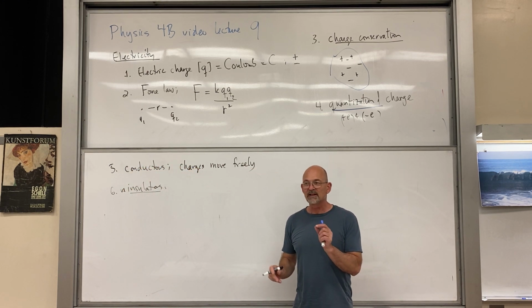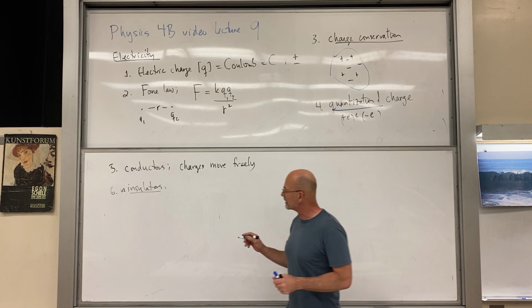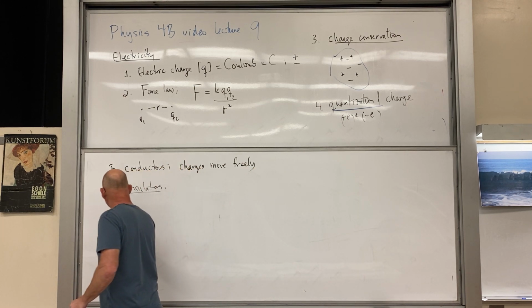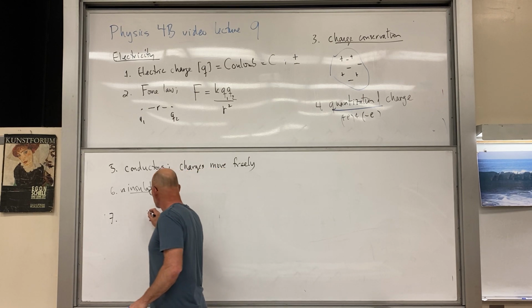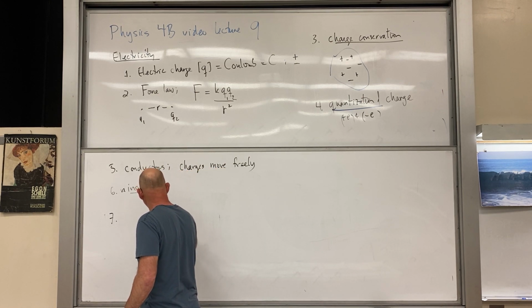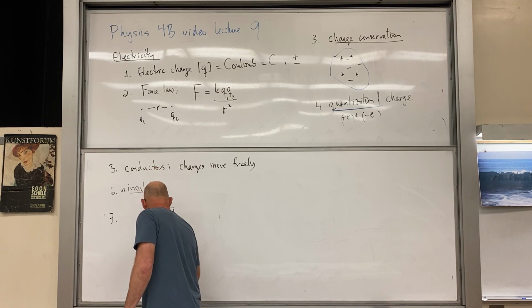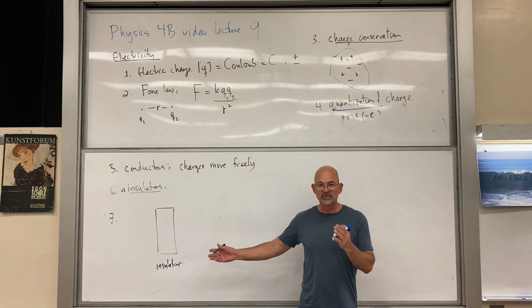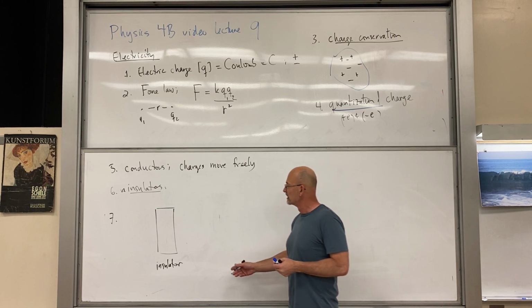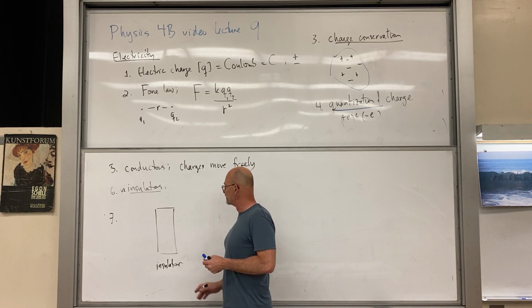But now if we look at the atomic structure of an insulator, we get to an interesting phenomenon called polarization. So now let's suppose we have here an insulator. Metal's a good conductor; this could be a piece of wood.